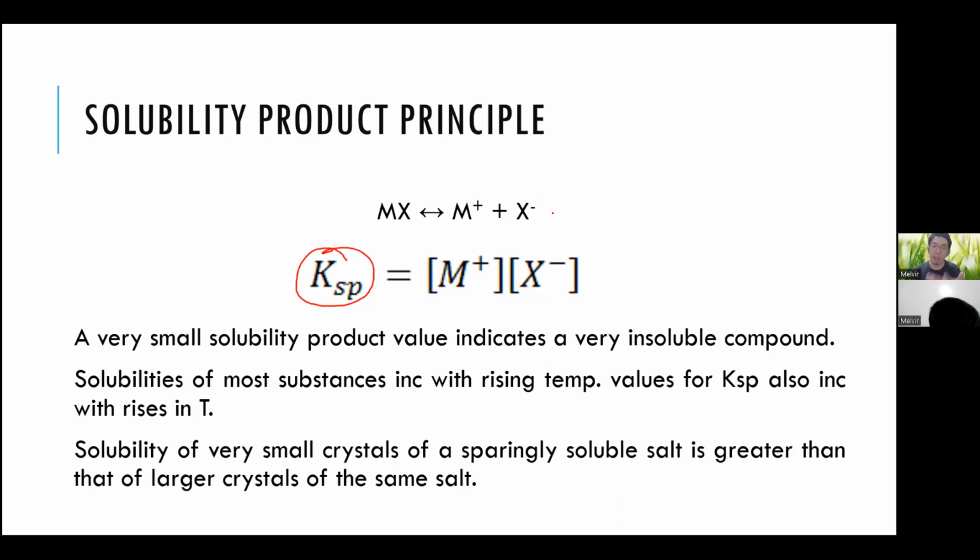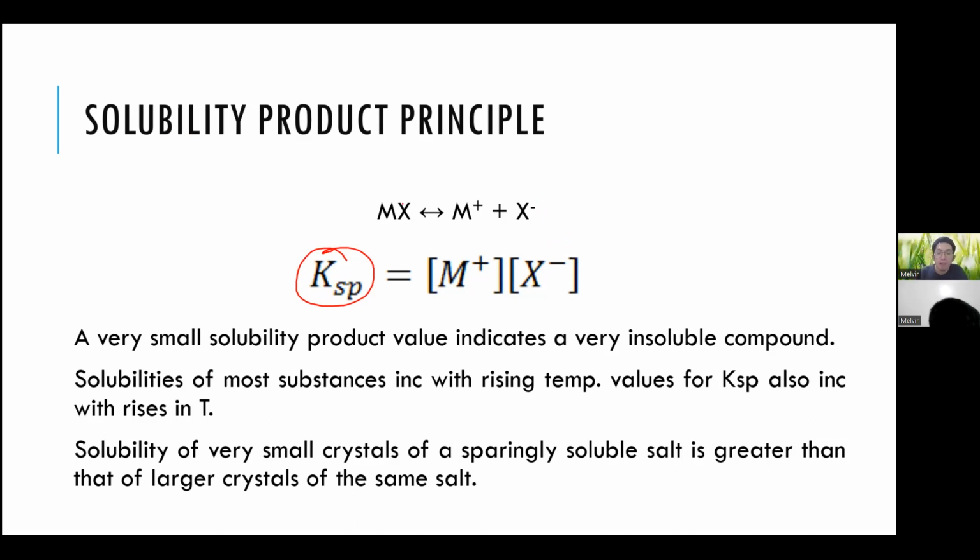Actually this is a review for you, because our first part, the way we discussed the ICE table, etc. We've been talking about solubility and solubility product for the longest time, and we also mentioned it in other topics. So we'll have a run-through of this.